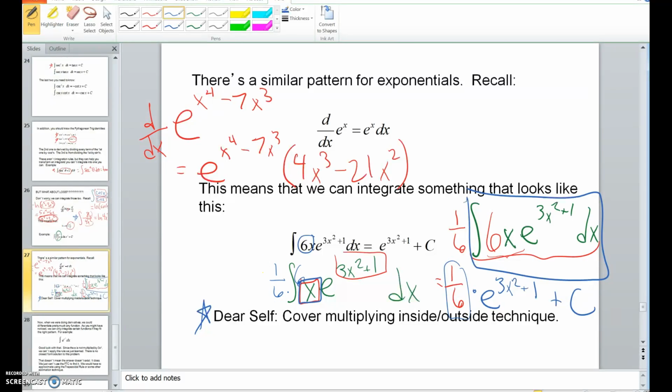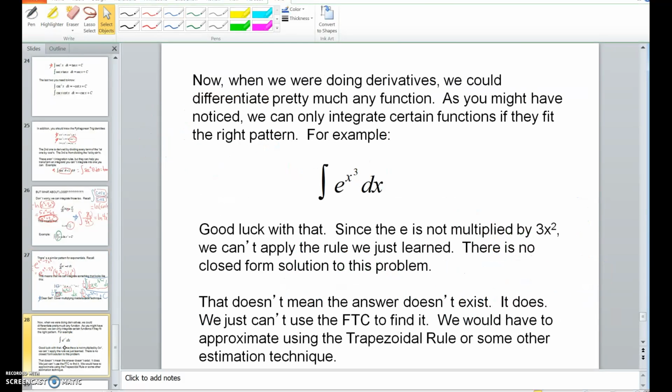You cannot fix a wrong exponent. So for example, here, if I had e to the x cubed dx, I can't integrate this. There's just no antiderivative for e to the x cubed. In order to get it to look like something I could integrate, I would need it to be e to the x cubed times 3x squared.